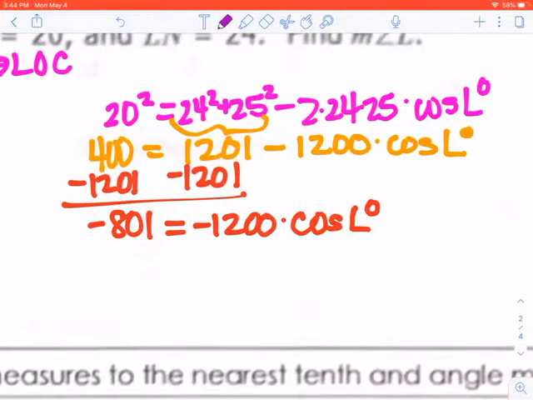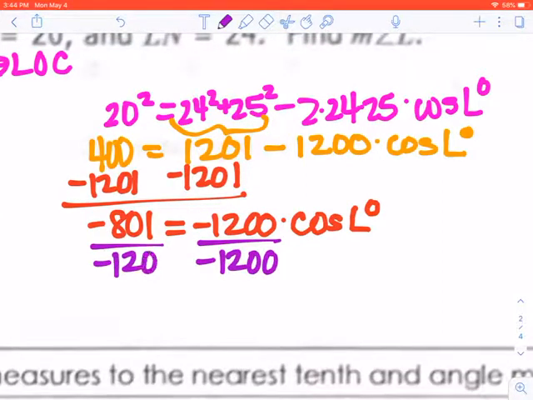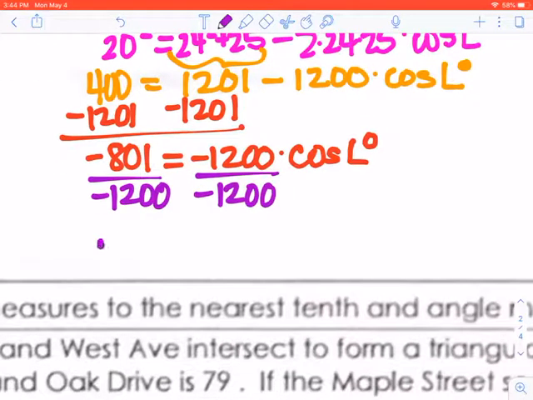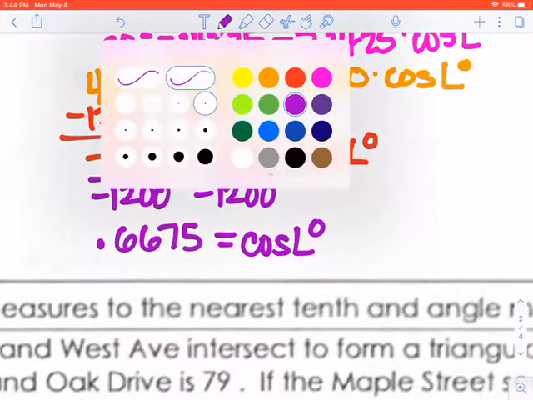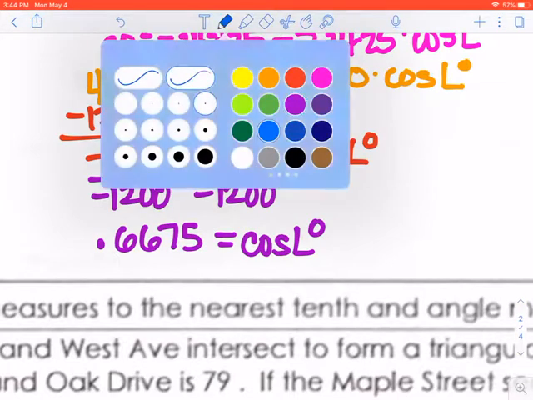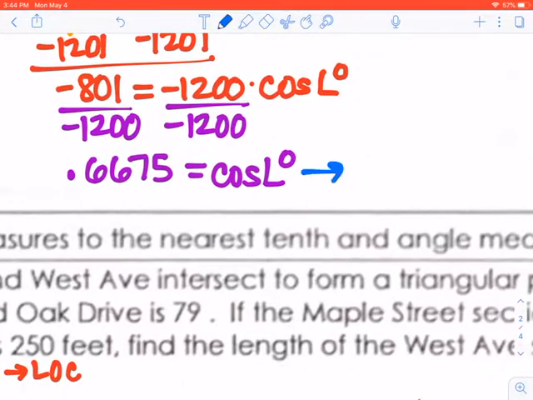Still solving for the cosine, so I divide by negative 1,200 on both sides. Negative 801 divided by negative 1,200 is going to be 0.6675. That's equal to the cosine of angle L. And we still haven't found the angle, so the last step is to use the inverse.